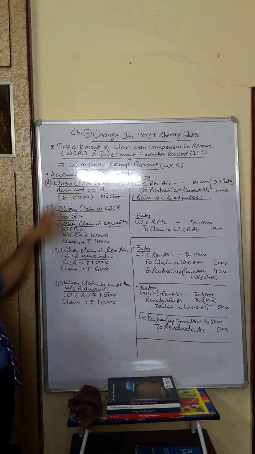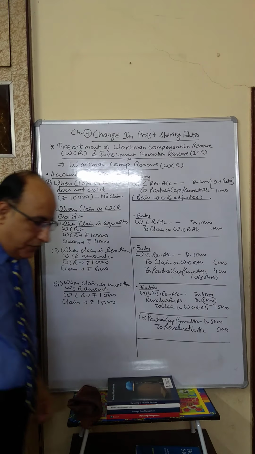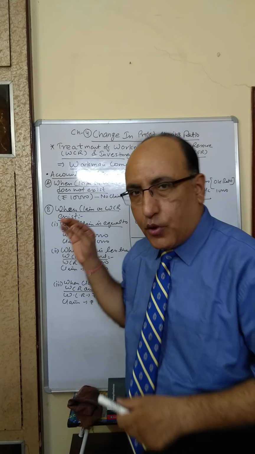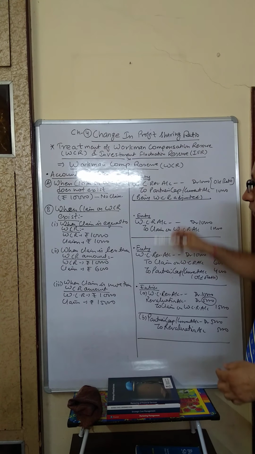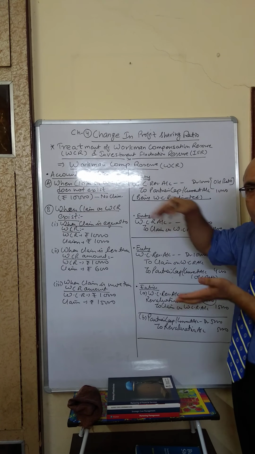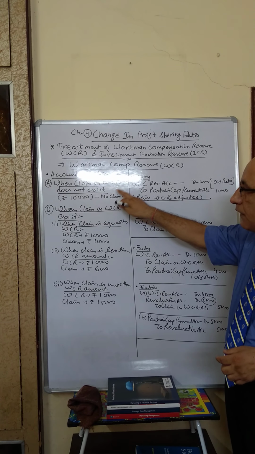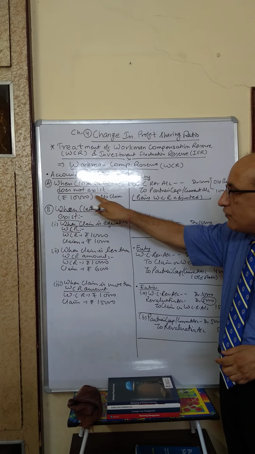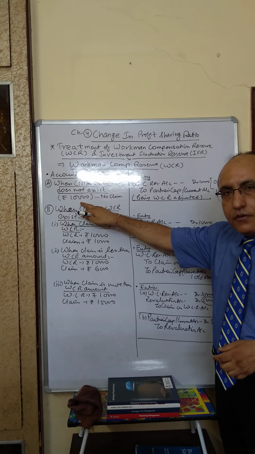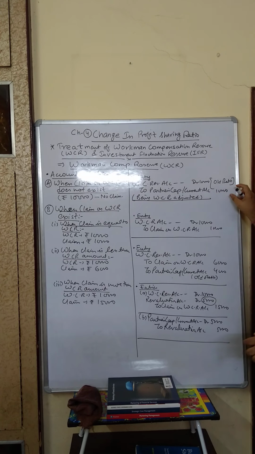So this is the whole description of workman compensation reserve. First point, it is created for the employees' purpose. While on the job they may suffer injury or critical illness, so the firm will compensate them. When claim on WCR does not exist, the firm has created 10,000, no claim from the employee side, it is distributed between the partners in the old ratio.